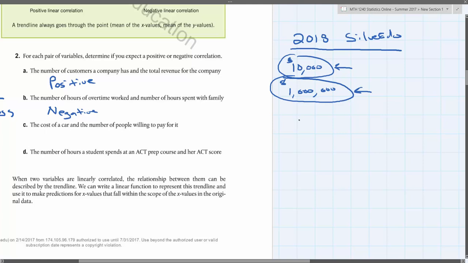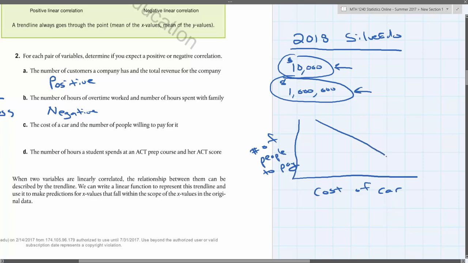So if you use that as your thought process, the x-axis would be the cost of the car, and the y-axis is the number of people willing to pay. Then as the cost goes up, we would have fewer people.